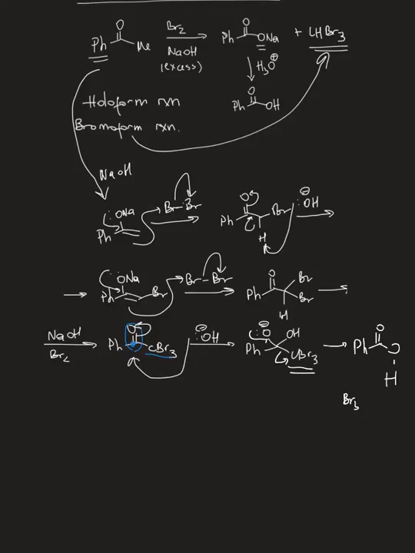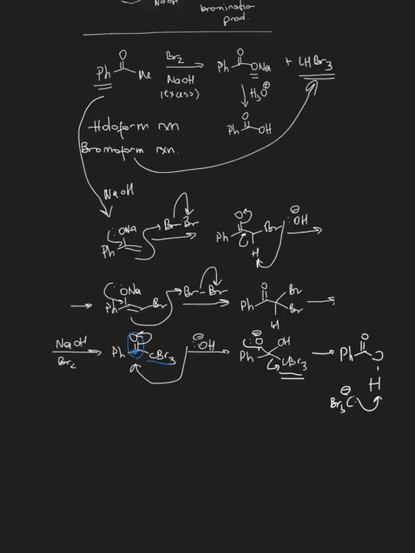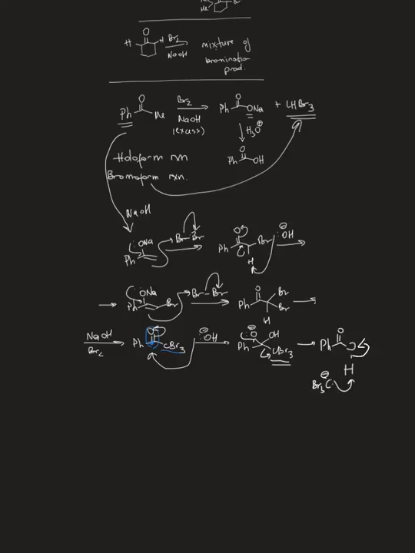And then we have a CBr3 anion, which can pick up the proton to give us our carboxylate. Okay, so that's the mechanism for the haloform reaction.